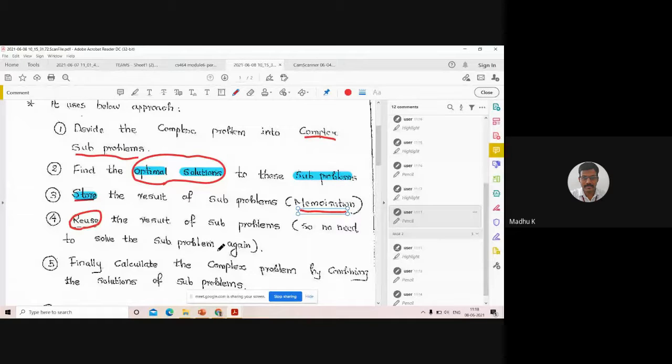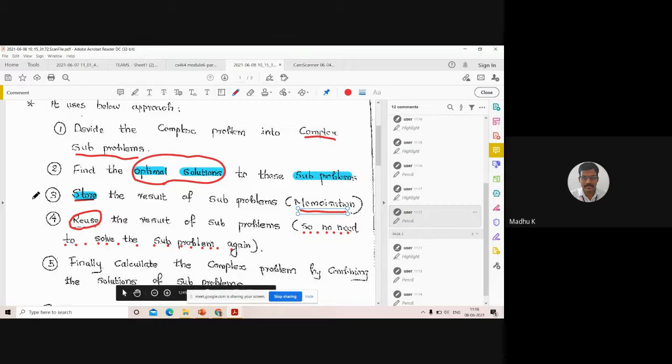So there is no need to solve the subproblem again at that time in the future. That's why we are storing and reusing.